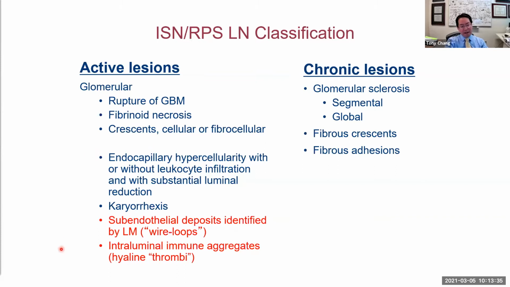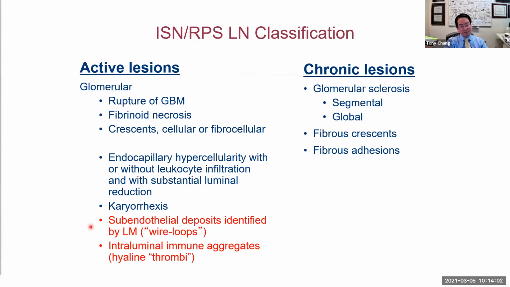And then the last 4 items are all related to immune complex deposition. When you have prominent immune complex deposition, particularly in the subendothelial compartment, I think of the immune complexes as being immunogenic, and it can induce an influx of inflammatory cells. That's going to lead to endocapillary hypercellularity and potentially karyorrhexis, okay?